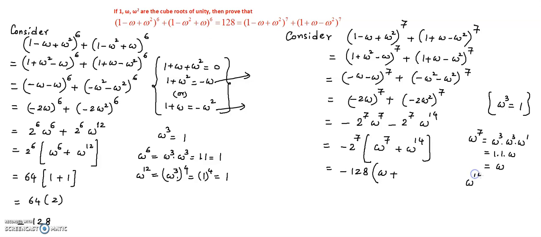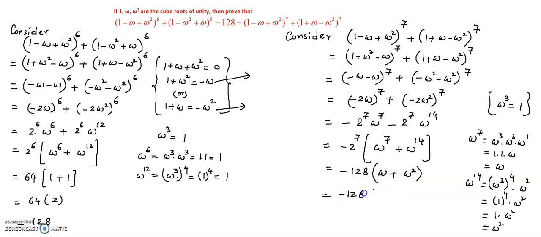Same way we can write omega power 14 as omega power 3 into 4, 3 into 4 is 12, plus omega power 2, that is 12 plus 2 makes 14. So omega power 14 is omega power 3 into 4 and omega power 2. Omega power 3 is 1, 1 power 4 into omega square, that is 1 into omega square, equals omega square. So omega power 14 is nothing but omega square.